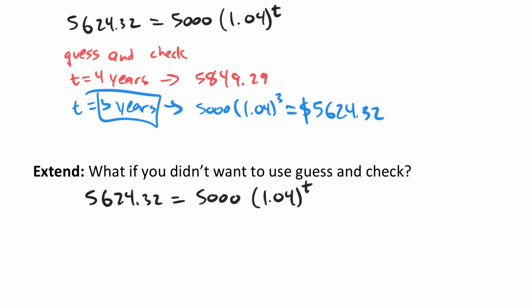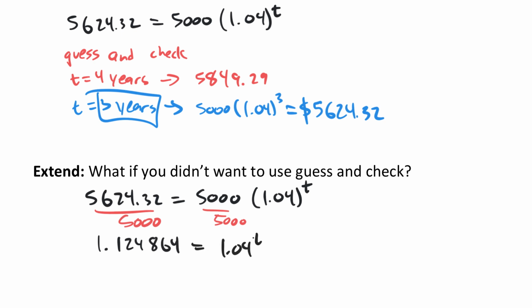Now, we could do some basic algebra stuff here. We could divide by 5,000, right? We're trying to get the t all by itself. Divide by 5,000. We got to be a little careful here because we don't want to lose any of our decimals. So if we write this as an actual number, we need to use all the decimals. 1.124864 equals 1.04 to the t.